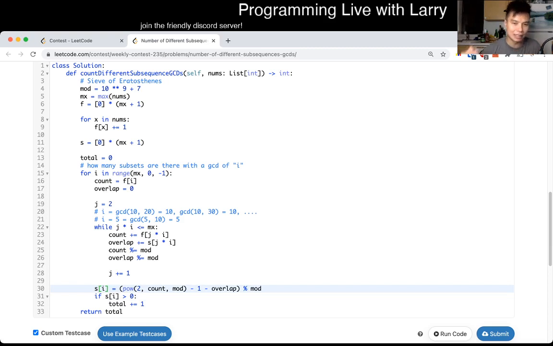And this number of count is just the number of counts of these numbers in the array. So f is the frequency table of all the numbers in the array. So now it counts all the numbers that have this number as the GCD.